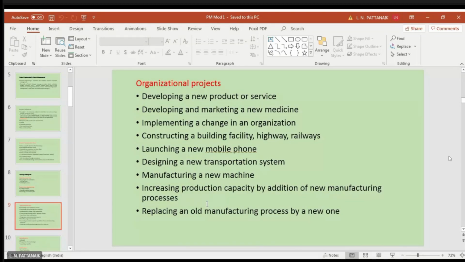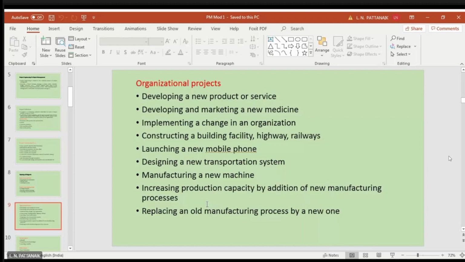So that becomes a project. You need planning: what technology you will bring, what equipment you will purchase, from where you will purchase, what is the budget, what is the time frame, where you will place them. So as a whole, this becomes a project.